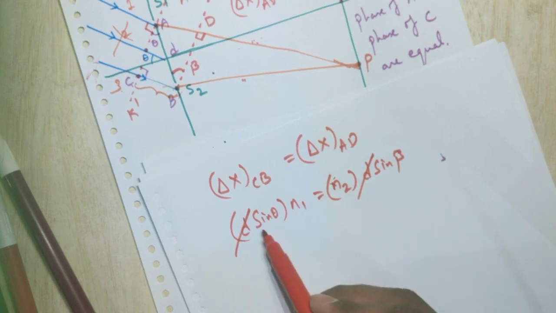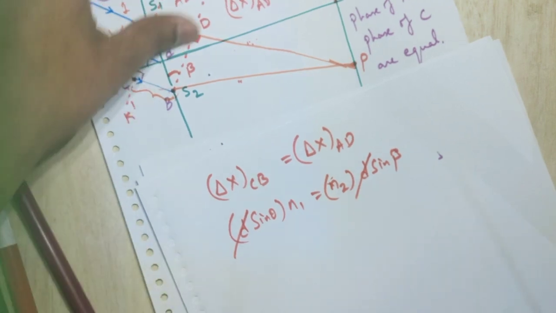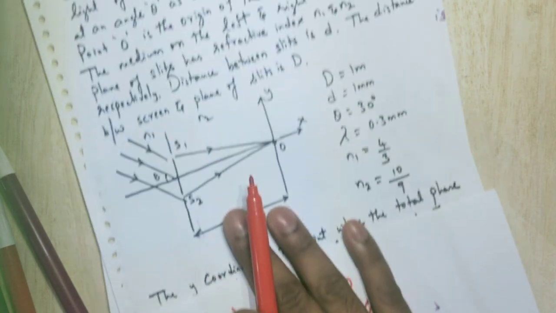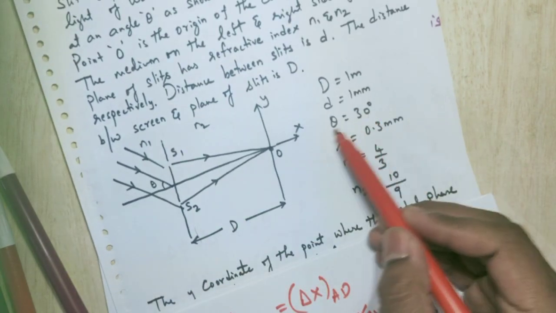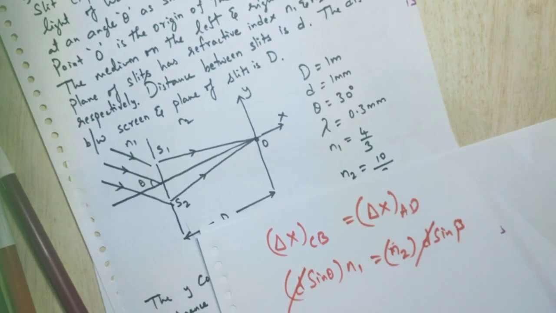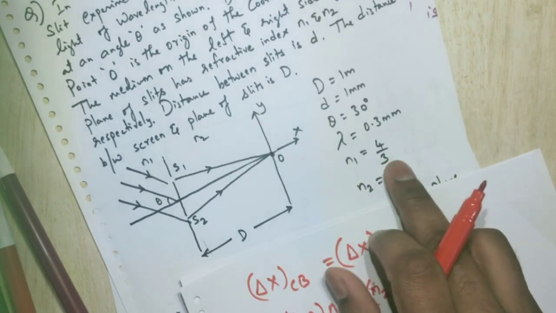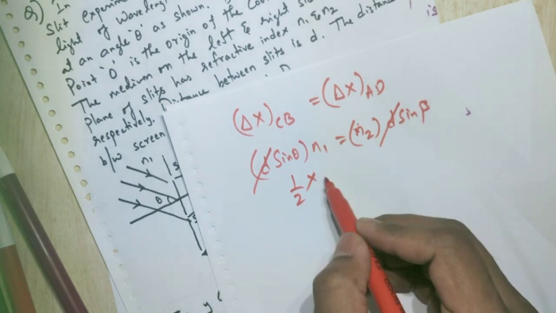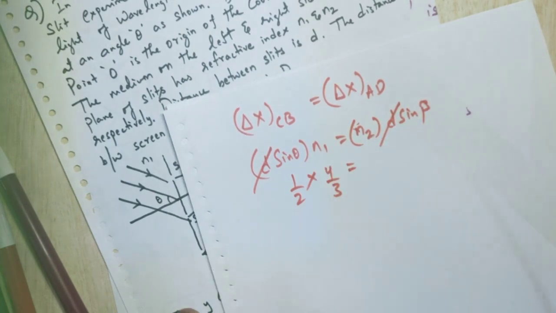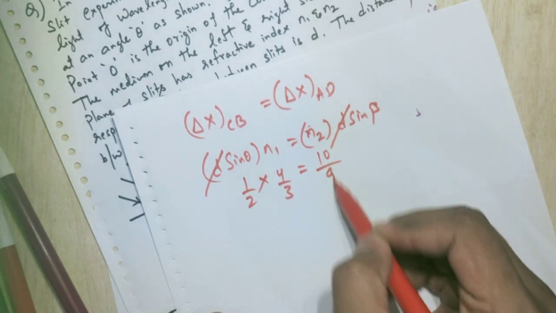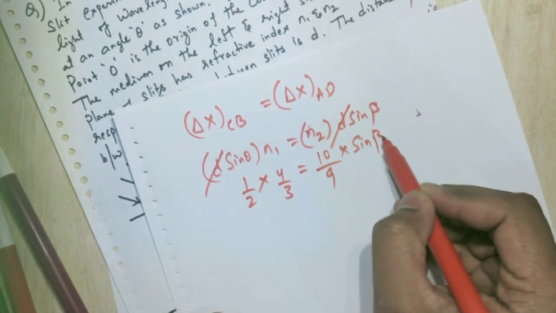And sine theta is already known because it is given in the question. You see the question here. Theta is equal to 30 degrees. So write sine 30, which is half, into n1. n1 is 4 by 3, equal to n2. n2 is how much? 10 by 9, into sine beta.